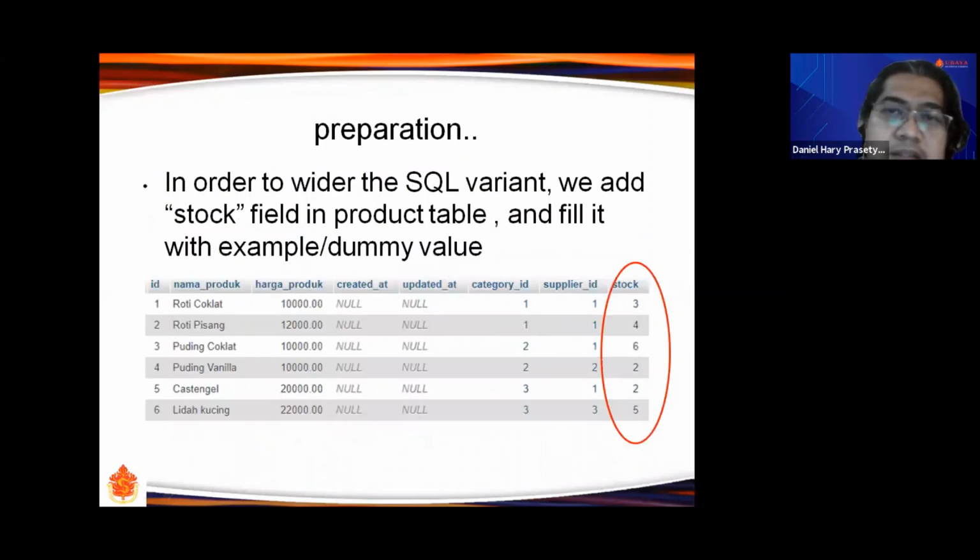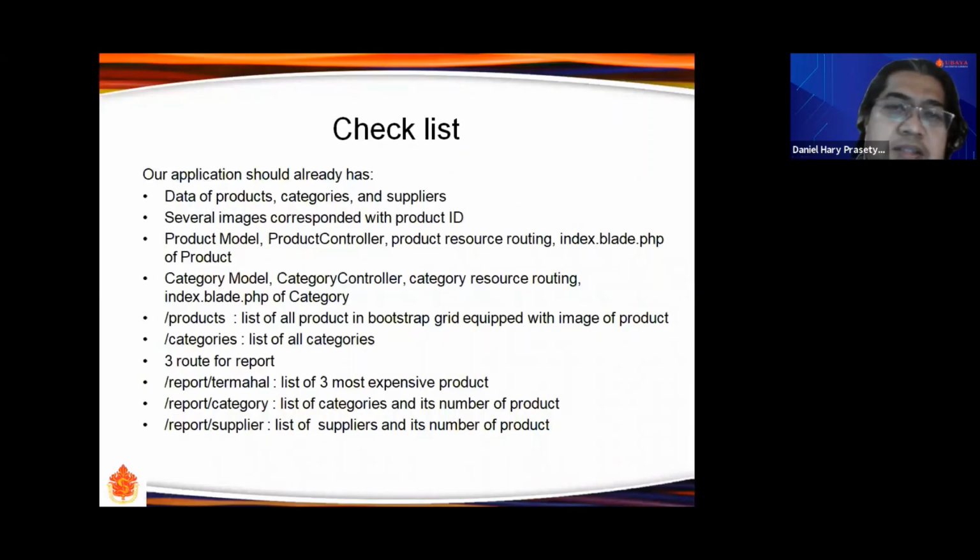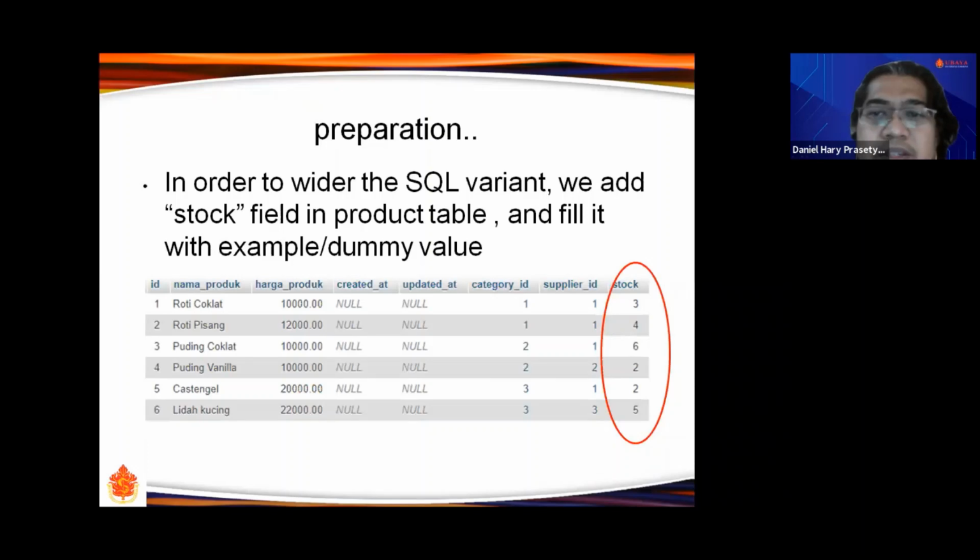Okay, next, after we have completed all the checklist, we have another work to do. In order to widen the SQL variant, we will add a stock field. Just make it manually, so we will not use seeding and migration. For this new field, create stock and fill it with some dummy value.